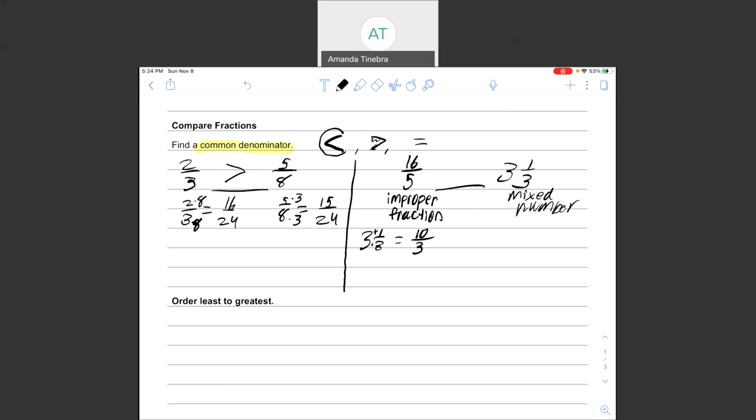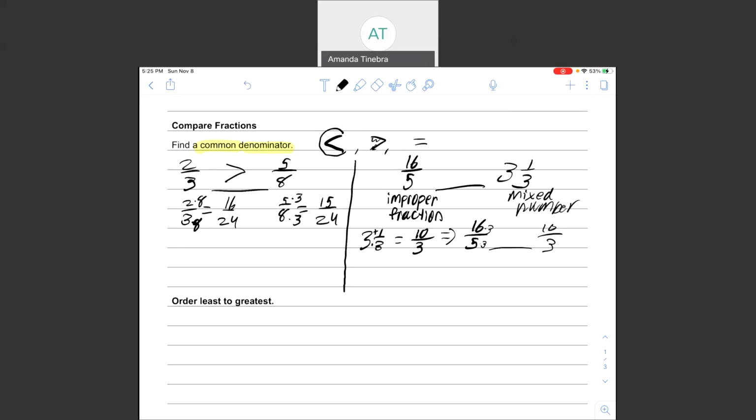That should be review from last year. So now my new problem is that I'm comparing 16/5 to 10/3. Just like before, I'm going to find a common denominator. For this, it's going to be 15. So I'll multiply by 3.